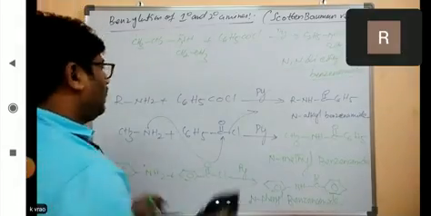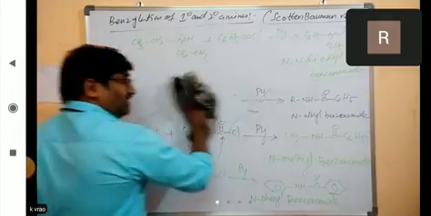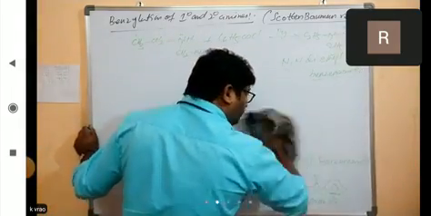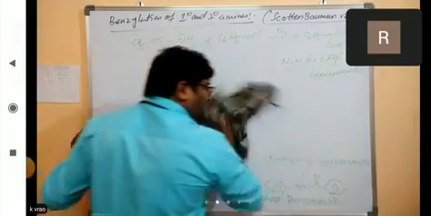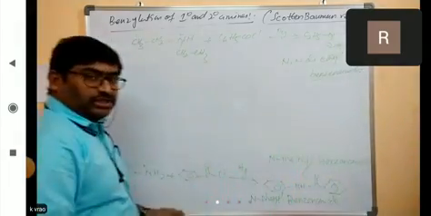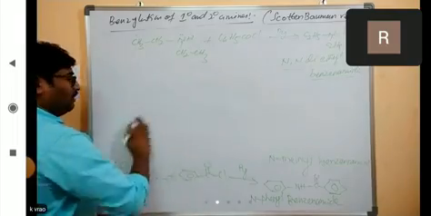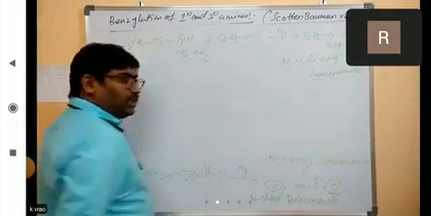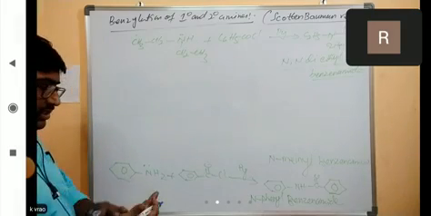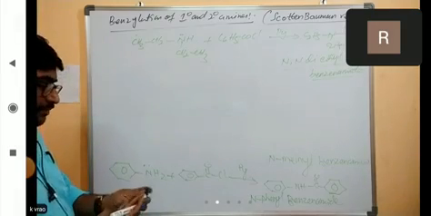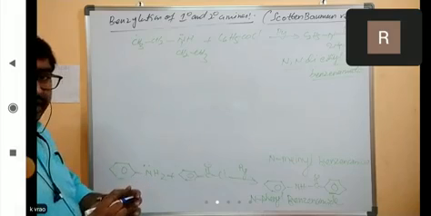Next, reaction with HNO2. This reaction is called diazotization. Aromatic amines react with HNO2 to give benzene diazonium salts. This we already discussed in the phenol and carboxylic acid chapters.